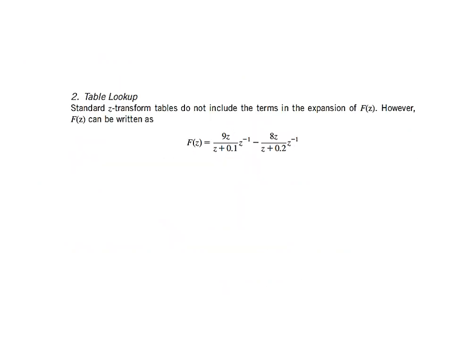From the table, we multiply and divide by z each term, 9z divided by z plus 0.1 and negative 8z divided by z plus 0.2, times z power negative 1.